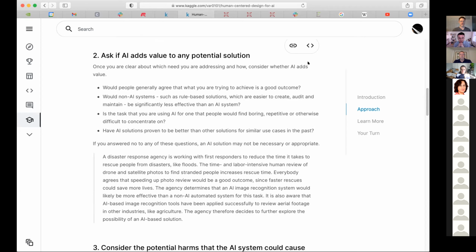So the second thing is ask if AI adds any value to your potential solution. So a couple of questions you should ask yourself. Would people generally agree that what you are trying to achieve is a good outcome? They do recommend that teams ask themselves this.